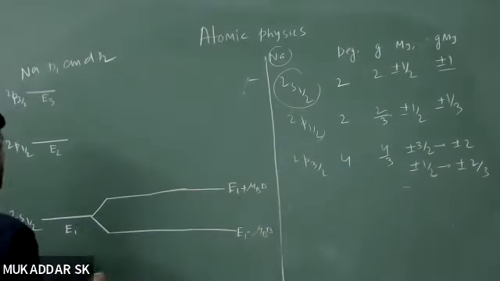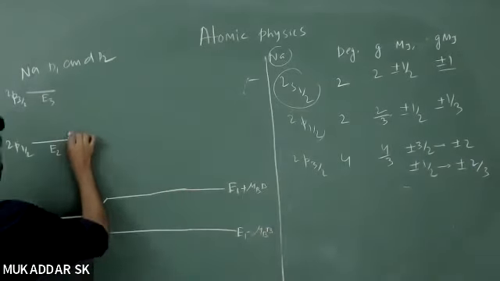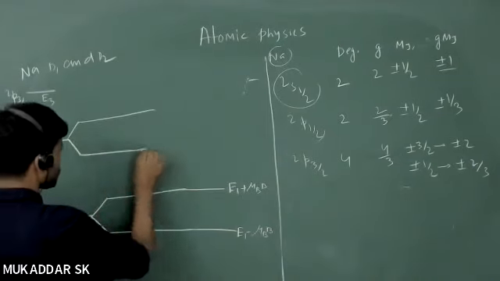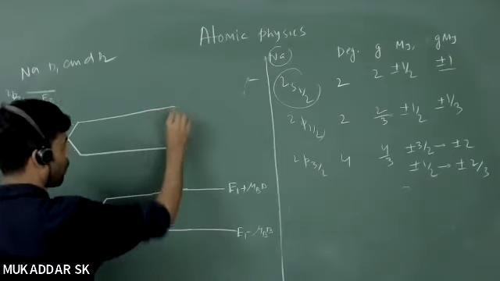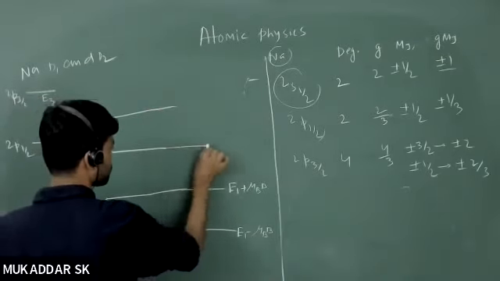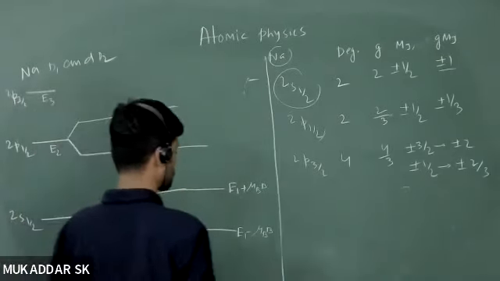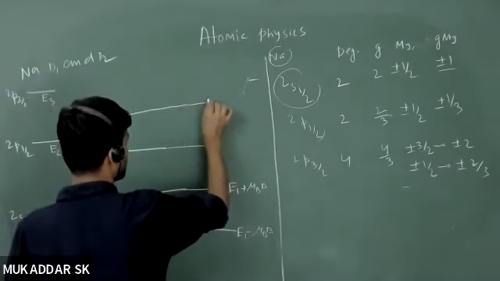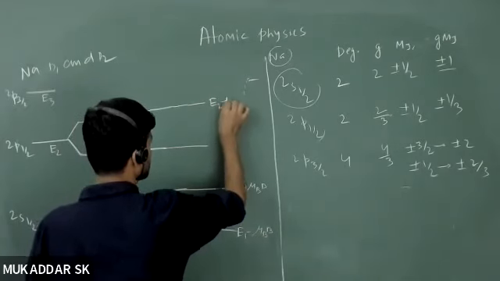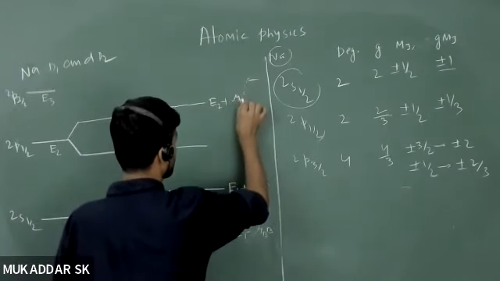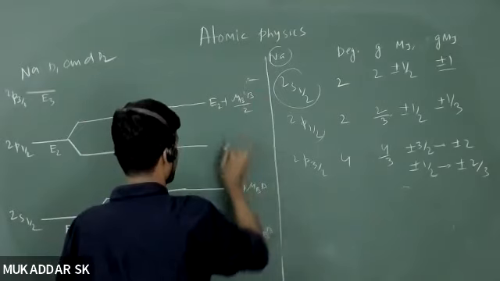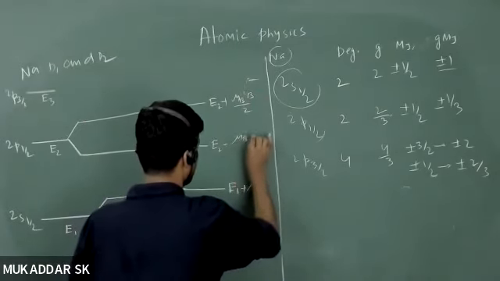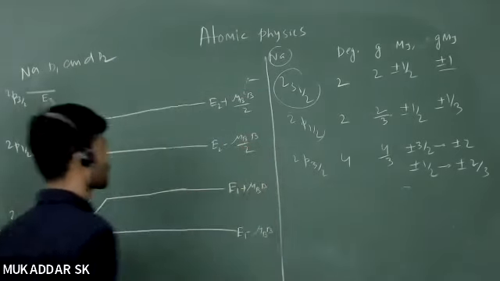Okay. Now here also you will have two splittings. Now what will be the energy of this state? E2 minus 1/3 mu B. So in the upper state, good, it will be E2 plus mu B by 3, and for this state it will be E2 minus mu B by 3.